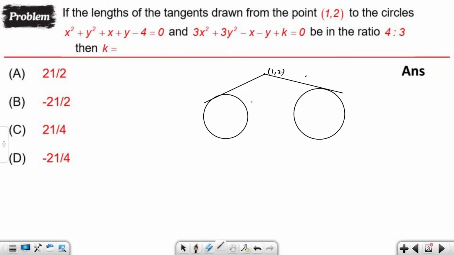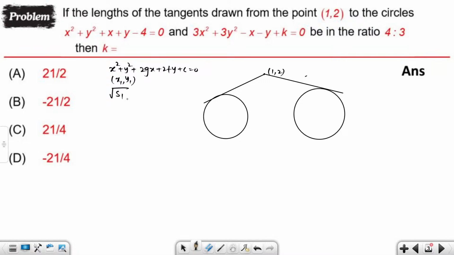So what to do? As we all know how to find the power of a point, and the root of the power of the point is nothing but the length of the tangent. As we have learned the power of a point, let me just revise. If this is the general equation of the circle, and there is a point, say (x1, y1), which is outside the circle, and from there we draw the tangents, the length of the tangent will be root of S1.